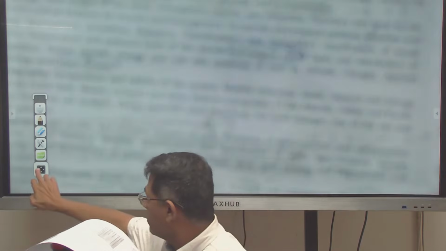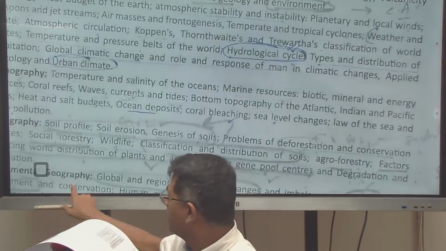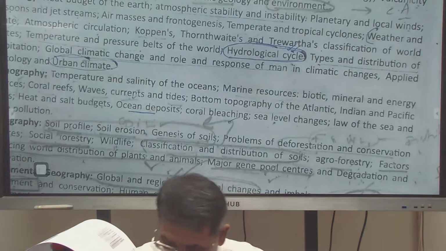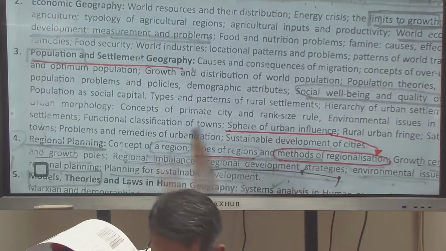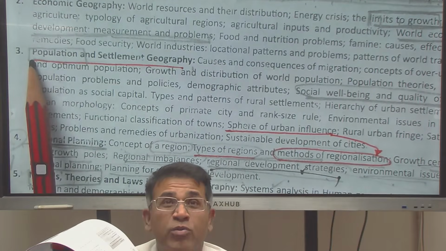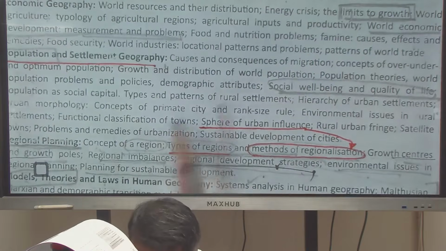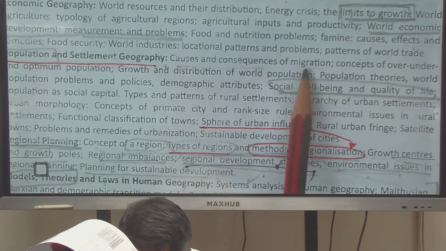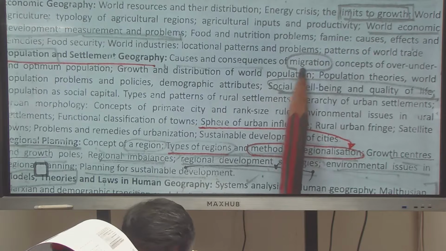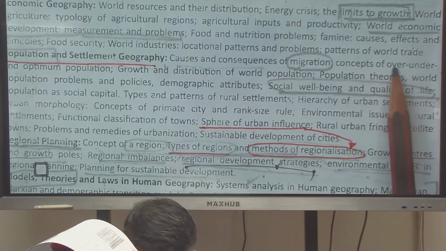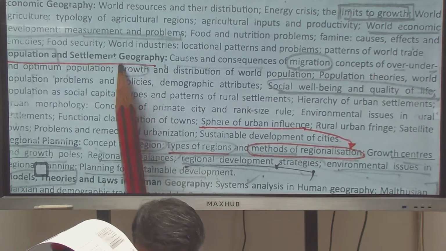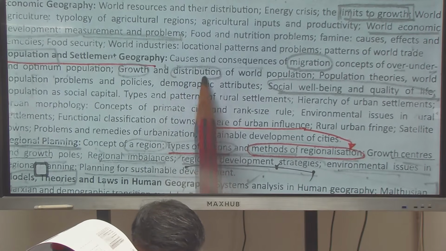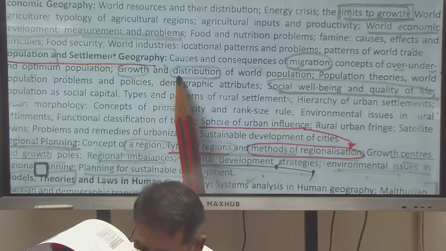So paper 1 syllabus first. Population and settlement geography. This is section B, the third unit. It says causes and consequences of migrations, the concept of over, under, and optimum population, growth of population and distribution of population.